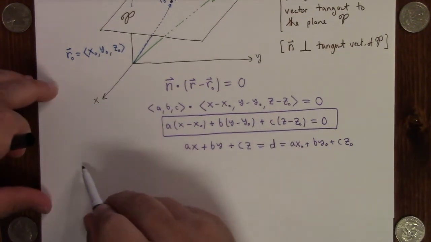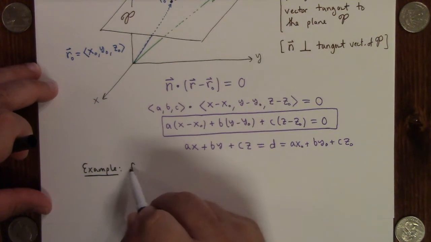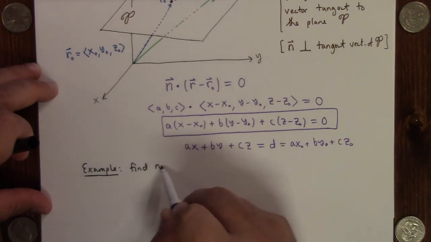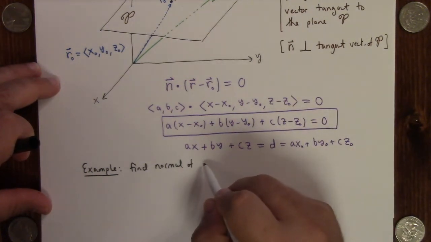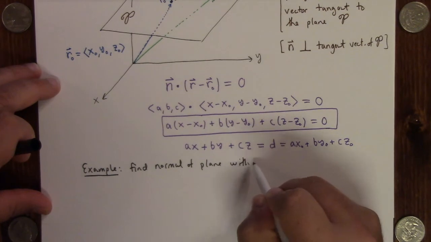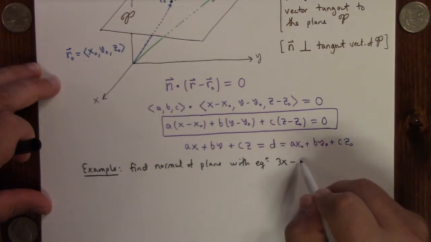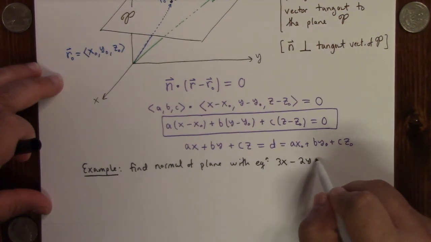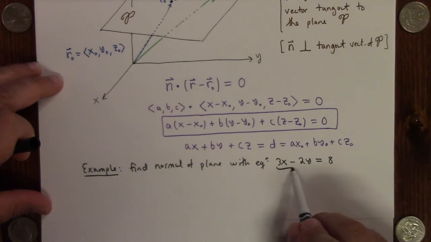Well, for example, if somebody says, find the normal of the plane with equation 3x minus 2y equals 8, you just look at this and go, aha.